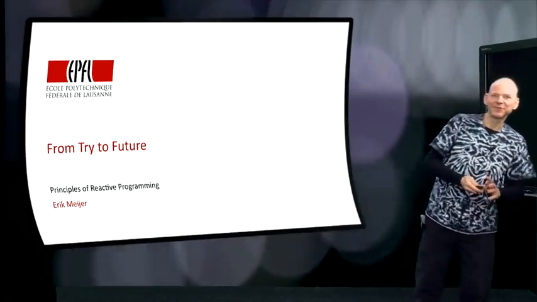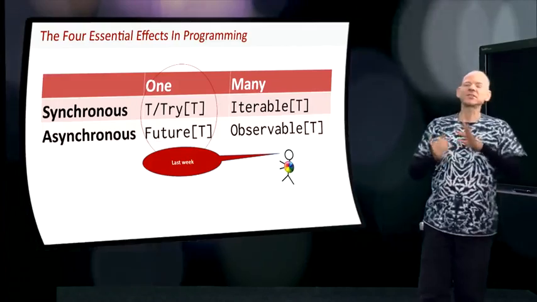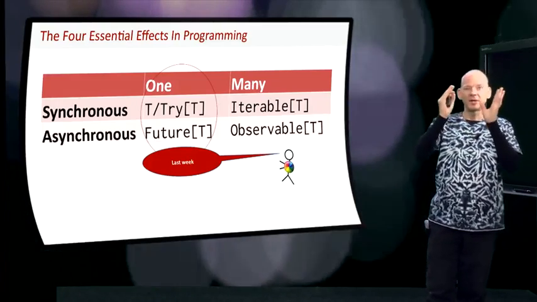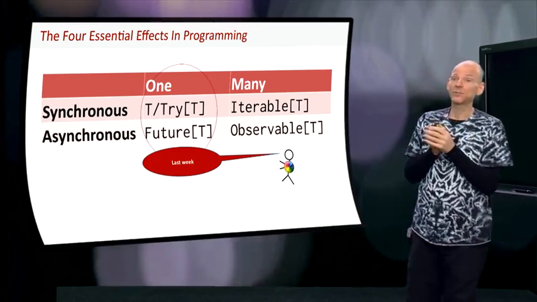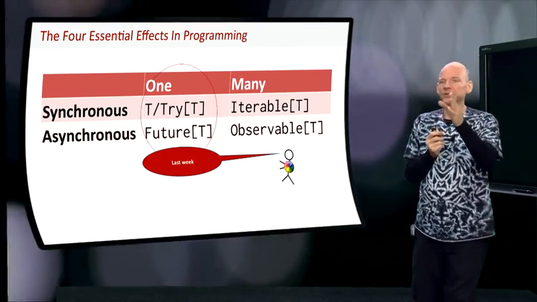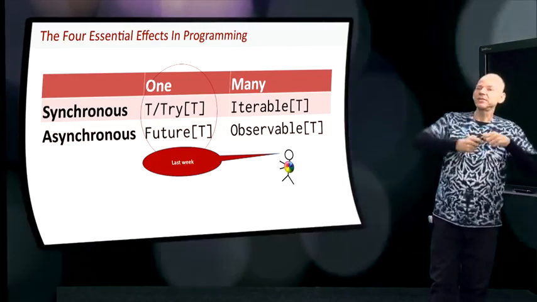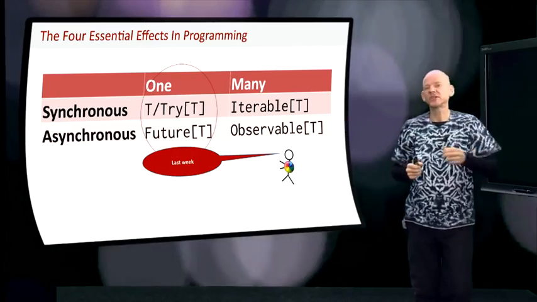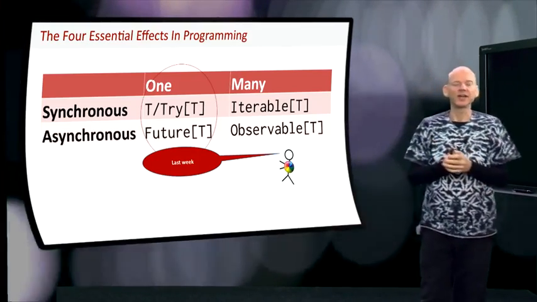Welcome back, everybody. Last few lectures we talked extensively about two of these four fundamental effects of programming, namely try and future. But maybe you got the feeling that we pulled try and future a little bit out of the hat, like a rabbit, like a magician. All right?